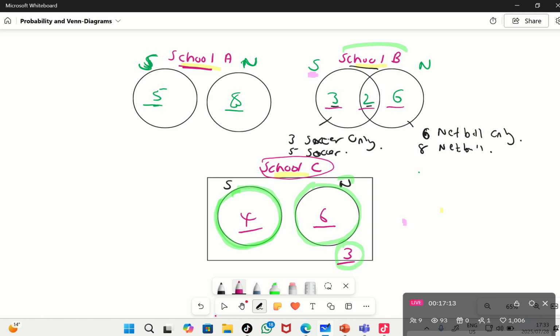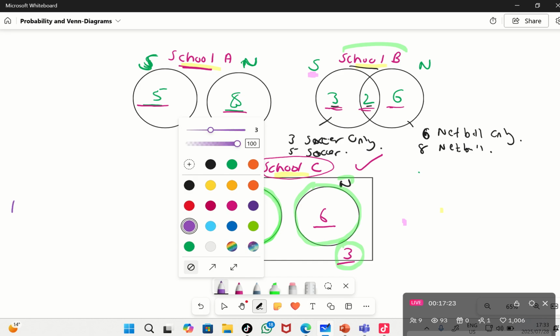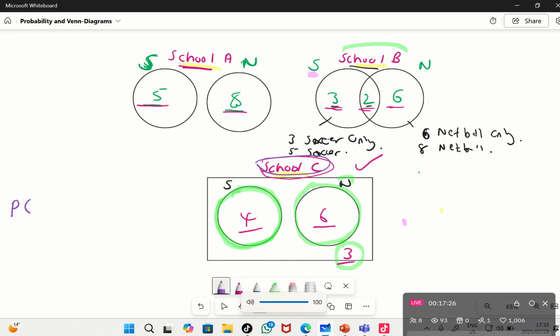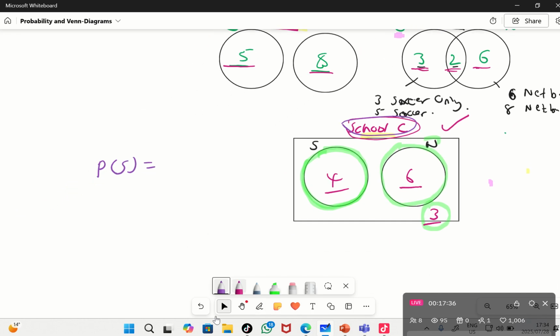And in school A, it is 5 plus 8. In school B, it is 3 plus 2 plus 6. We're still on school C. If I were to pick a learner randomly from school C, what is the probability that the learner plays soccer? 4 over 13.